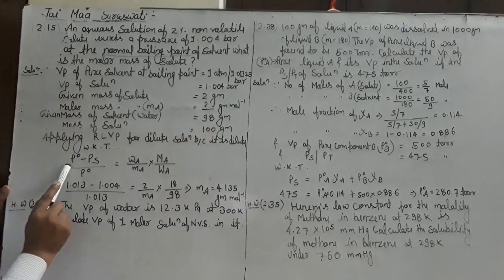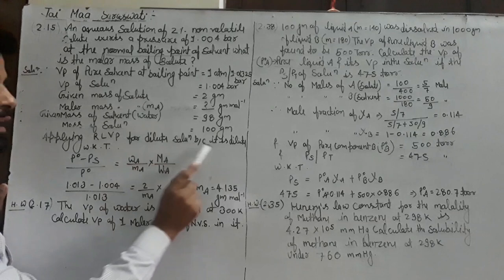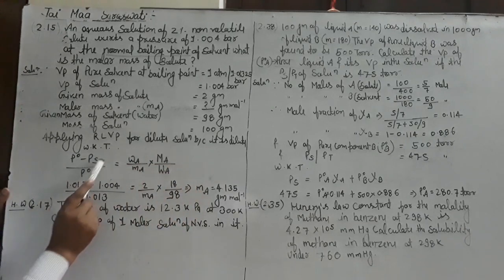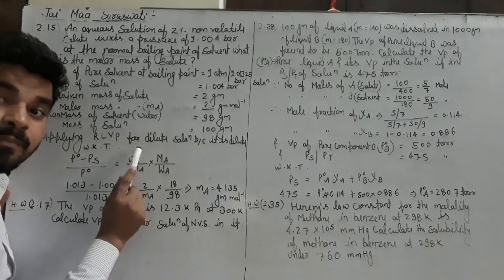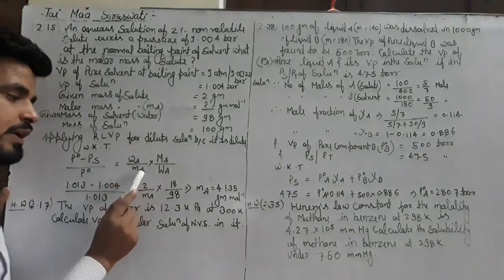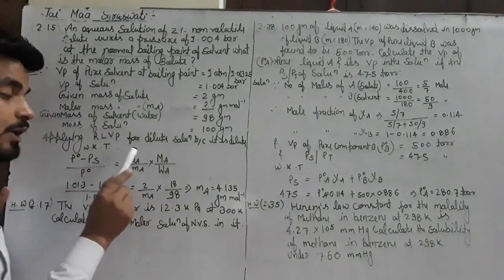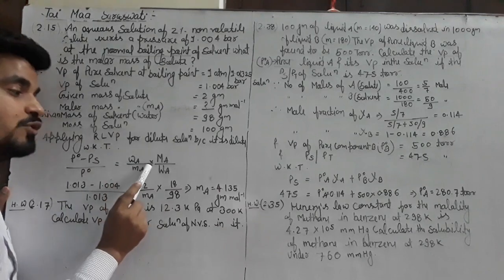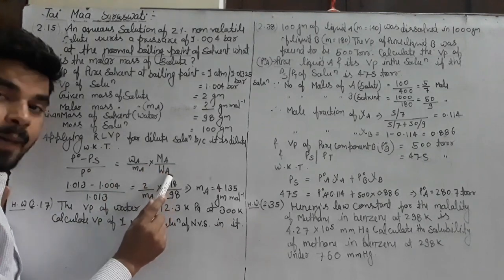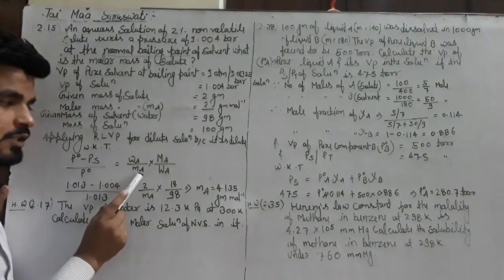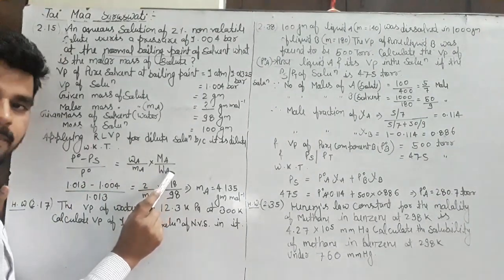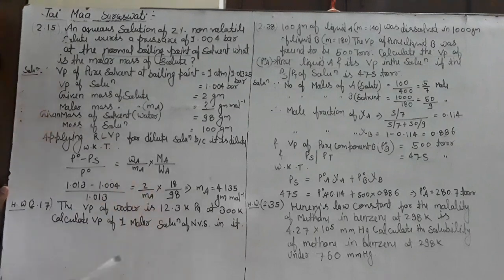So we know this formula, applying RLVP for a dilute solution: (P naught minus Ps) upon P naught is equal to, as I taught in my previous lecture, small w_A upon small M_A into capital M_B upon capital W_B. What is small w? The given mass of solute, the molar mass of solute, the molar mass of solvent, the given mass of solvent.